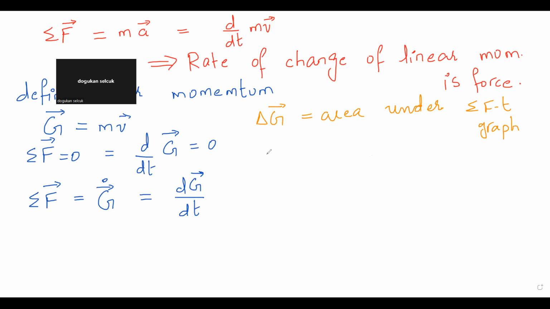You did, right? So the integral from t1 to t2 of summation F dt is equal to the change in momentum. Of course, right? A huge amount of force for a brief time, you get a massive change in momentum.